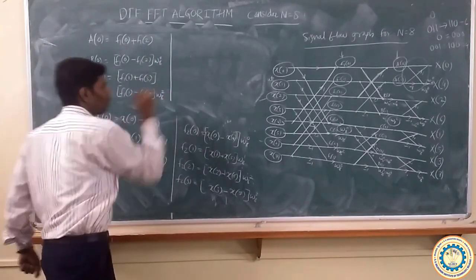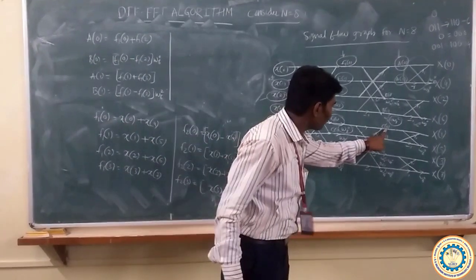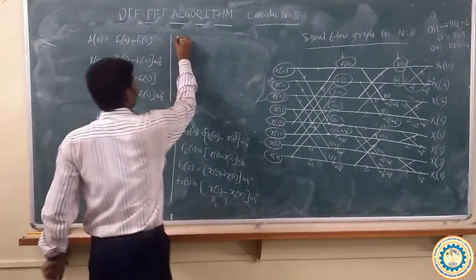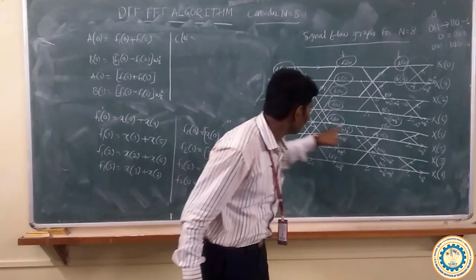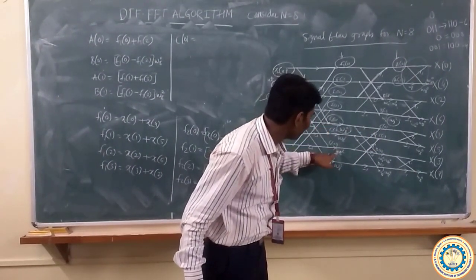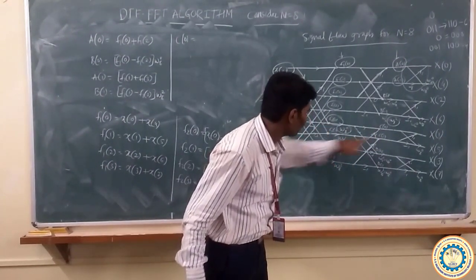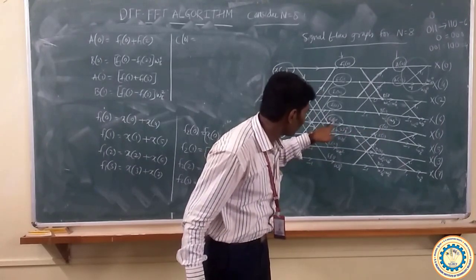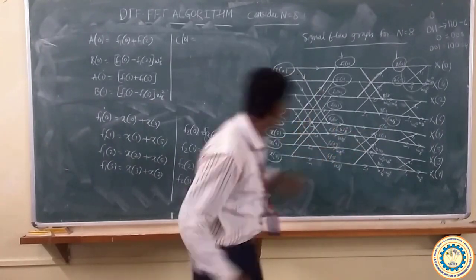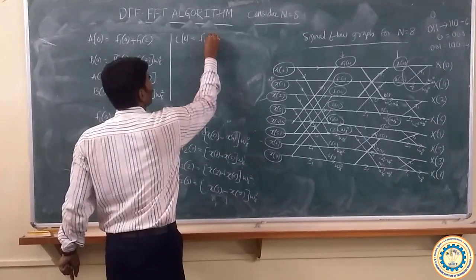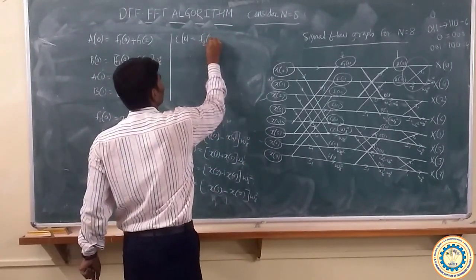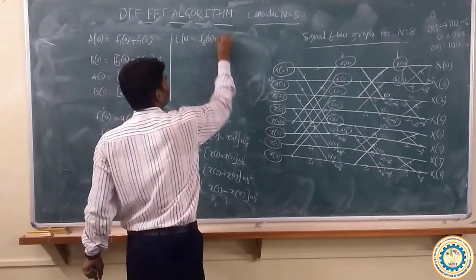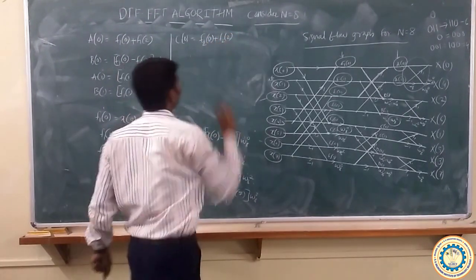Okay, now similarly, we will write the expression for c of 0. For c of 0, one input is f2 of 0, another input is f2 of 2. So c of 0 is f2 of 0 plus f2 of 2.